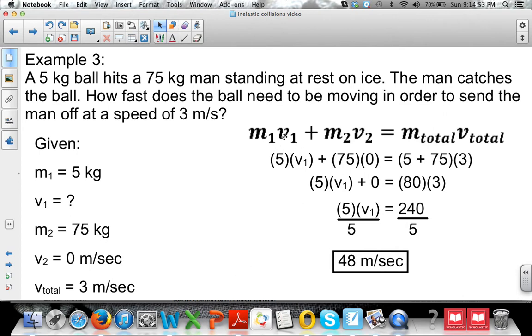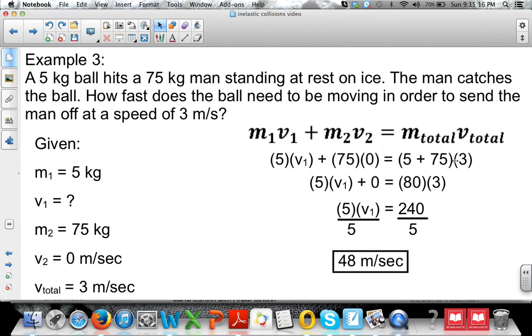I plugged in my 5, and V1 I just left because I don't know it. And then I plug in everything for the man, object 2. And then M total over here, I'm going to add them together again. I've got the ball plus the man, so altogether it's going to be 80 kilograms. And then V total, this time I know that, so I plug that in there.